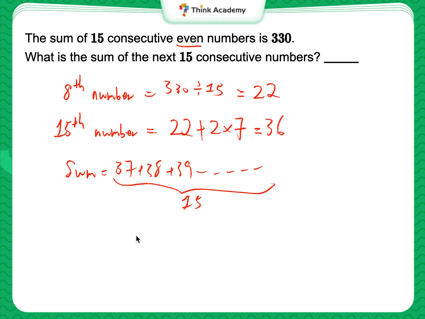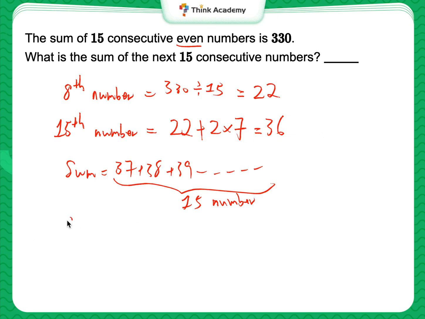You can just try to find the last number of the sequence, or you can also try to find the 8th number of the sequence, such that multiplying by the number of terms, that's 15 numbers. So if you find the median of the second arithmetic progression, and you multiply that by 15, you also get the sum. So that's what I'm going to do.